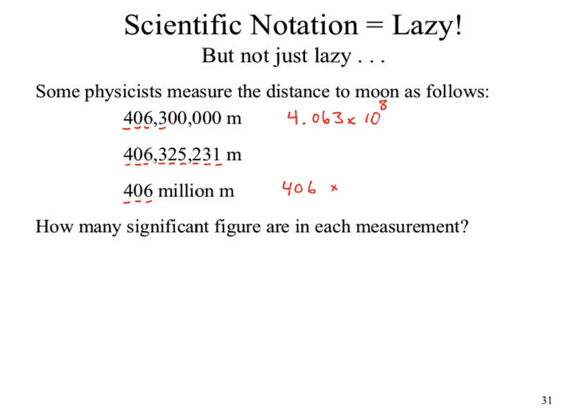Well, million is 10 to the 6. That's not scientific notation, so it would be 4.06 times 10 to the 8. I add 2 more because I had a bigger number, right? The middle one I don't even want to write out because there's too many numbers in there.